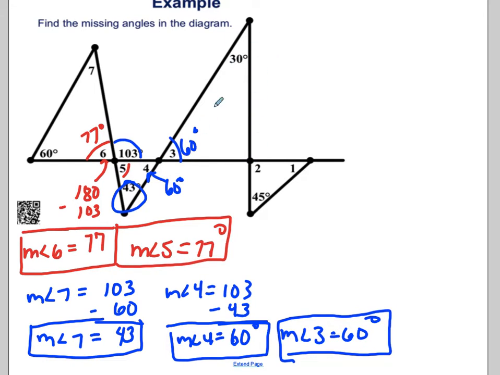So if these two make 90, then the leftover angle here is also 90 degrees. That makes angle 2 also 90 degrees. Again, I'm proving that because there's evidence that this has to be 90. Sometimes it looks like it's 90, but it's not always a right triangle. So now I know that the measure of this is 90, so angle 2 also has to be 90.